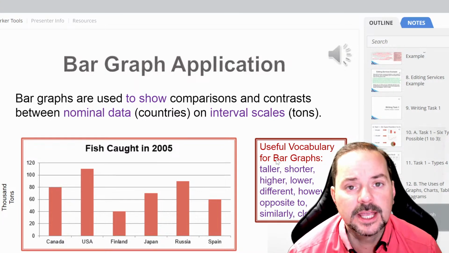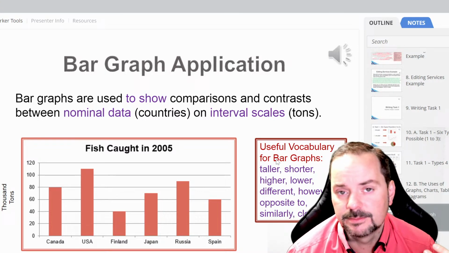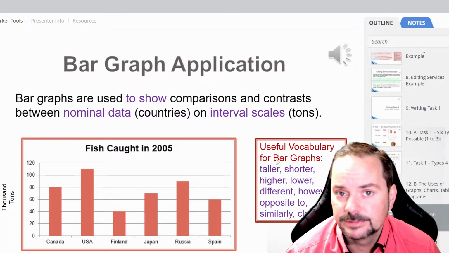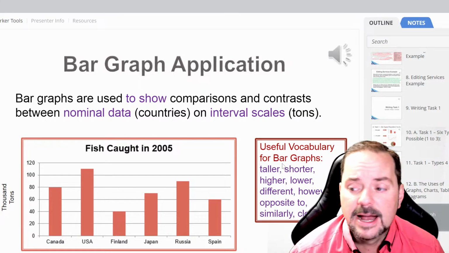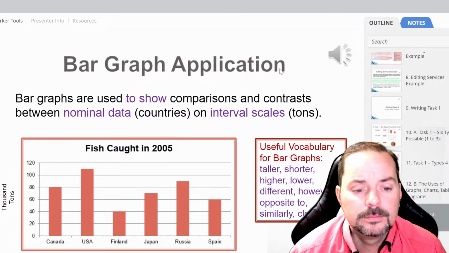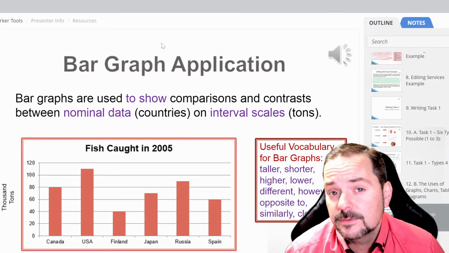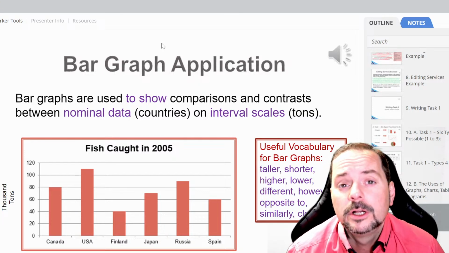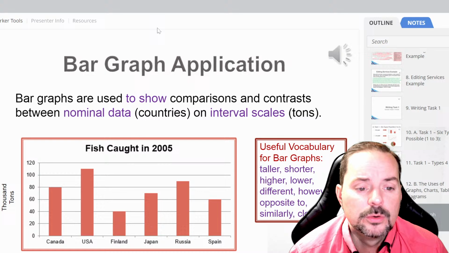So they're not the same, right? Some data we present on pie charts. Some data we present on tables. Other data we present on bar graphs. And so it's really important that you learn the reason, the purpose for these, not just for the IELTS, but also for university and college. Okay, you're expected to know this information.